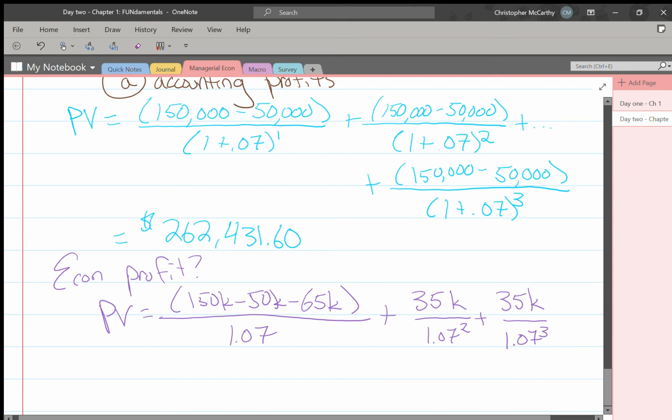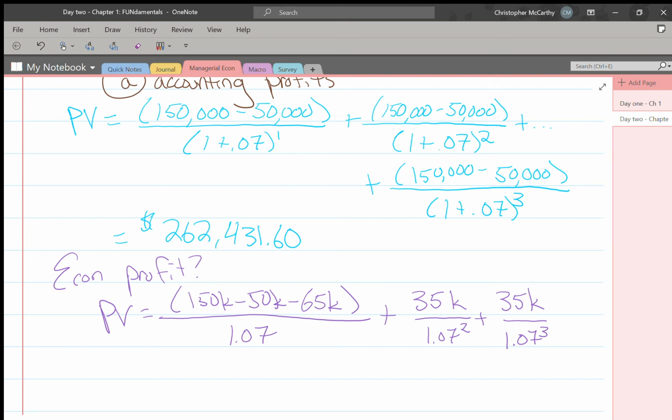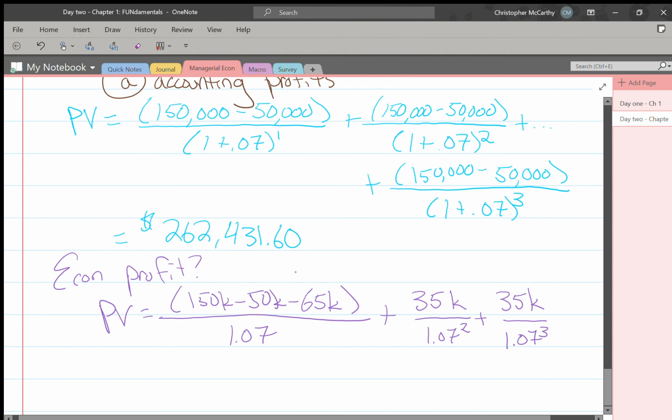All right, to save us some time, I didn't write out the full thing, but it's the same as before, except now we're including these implicit costs. So it's the same as before with just an extra item. 150 minus 50 is 100. 100 minus 65 is 35,000. That's why I use these $35,000 numbers here.